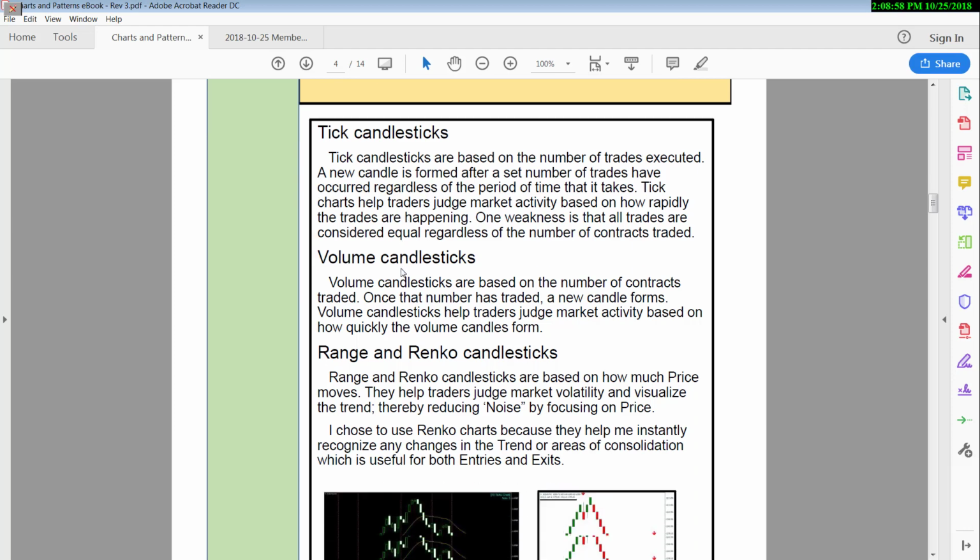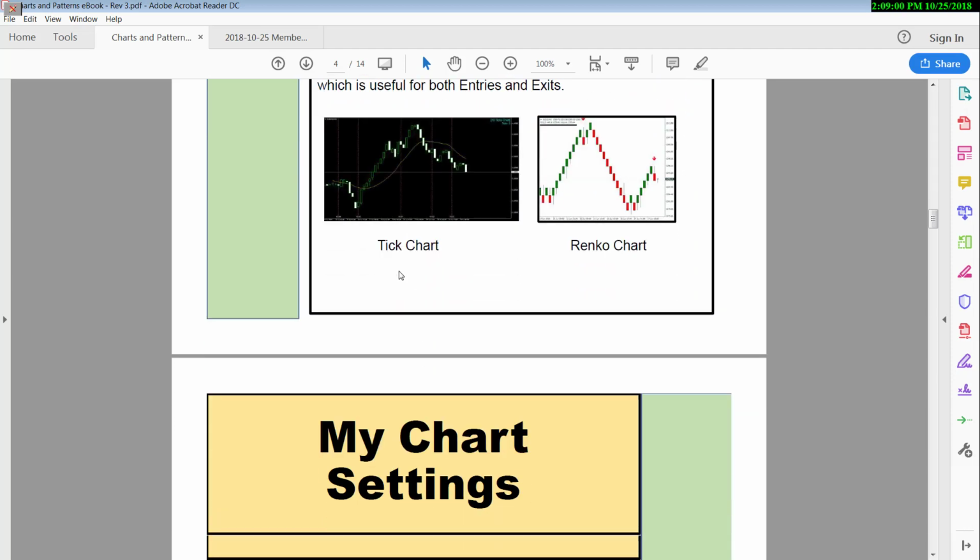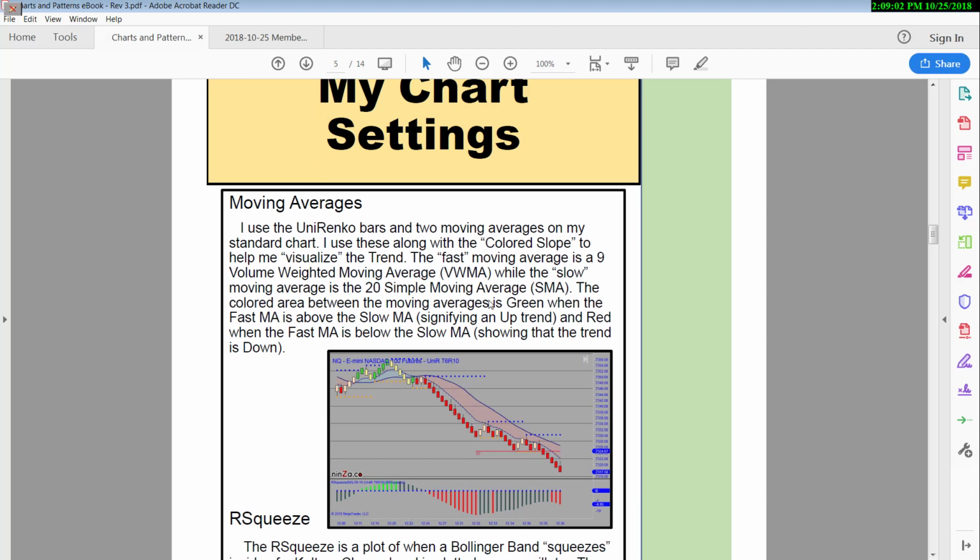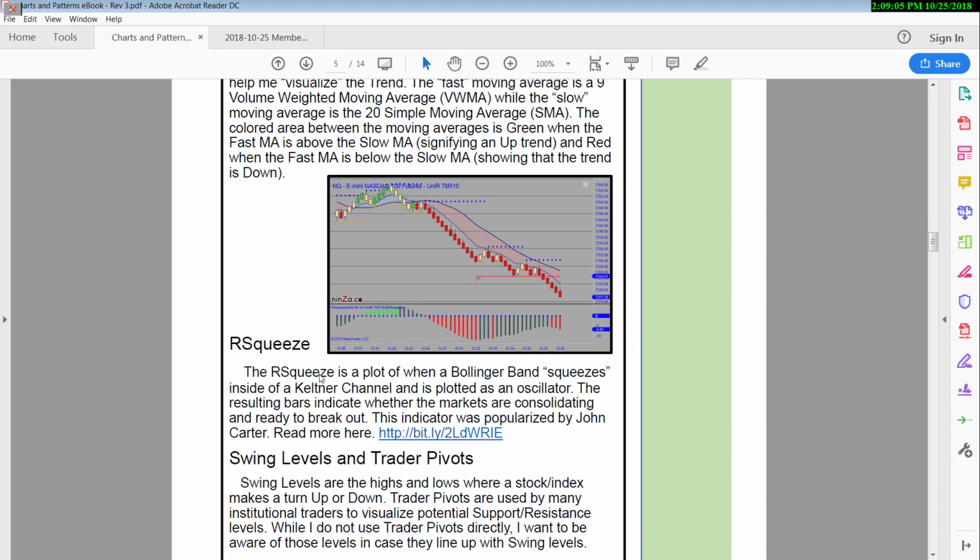All right, this talks about the different kinds of charts that one could have, and talked about the moving averages, talk about an R squeeze, but this R squeeze is a momentum indicator, and I can talk more about stochastics RSI. And for the members, I'm going to do a stochastics RSI presentation, and I think it's extremely enlightening and helps you improve on your performance. I'll give you a glimpse of it today.